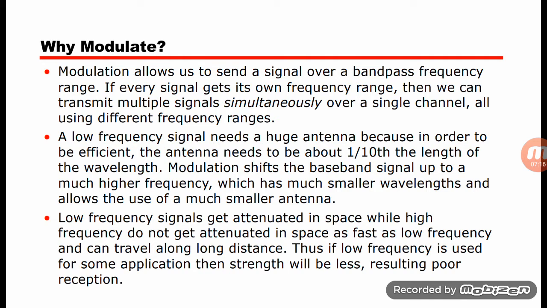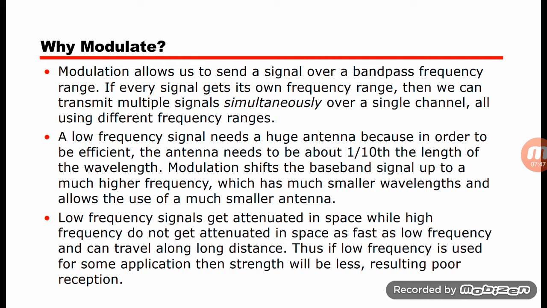Now let's suppose this f is less than f1, right? So this means this signal is somewhere here, right? Will it pass through this channel? No. So you have to shift its frequency so that it falls in this range, right? Otherwise you cannot send it. Yes. So this is one of the reasons that you use modulation: to shift the frequency of your signal from this to this one. So whatever range you want, right?